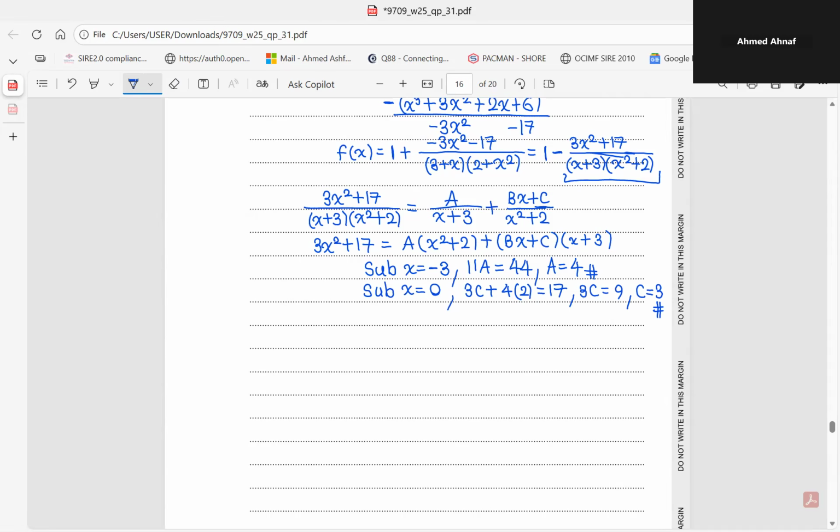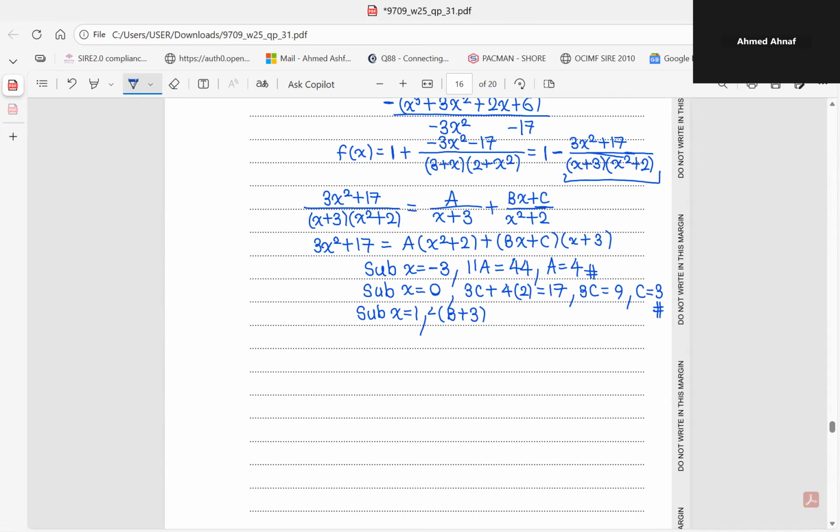Yeah? Okay, so we have not found all of them. We still haven't found b. So to find that, we're going to substitute x equals 1. Okay, so b times 1, so b plus c. So b plus 3 times 1 plus 3.